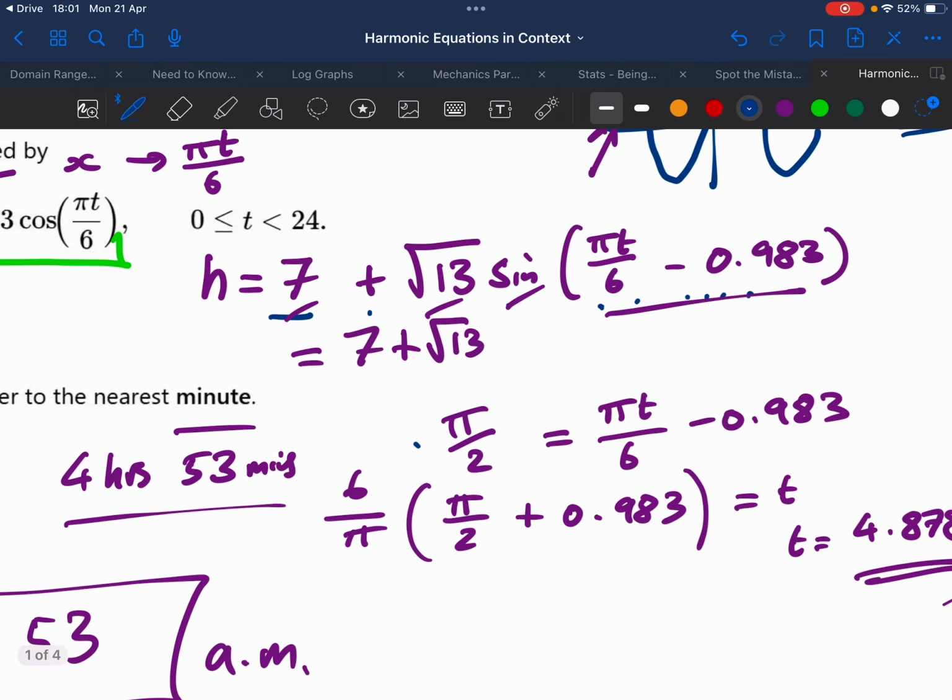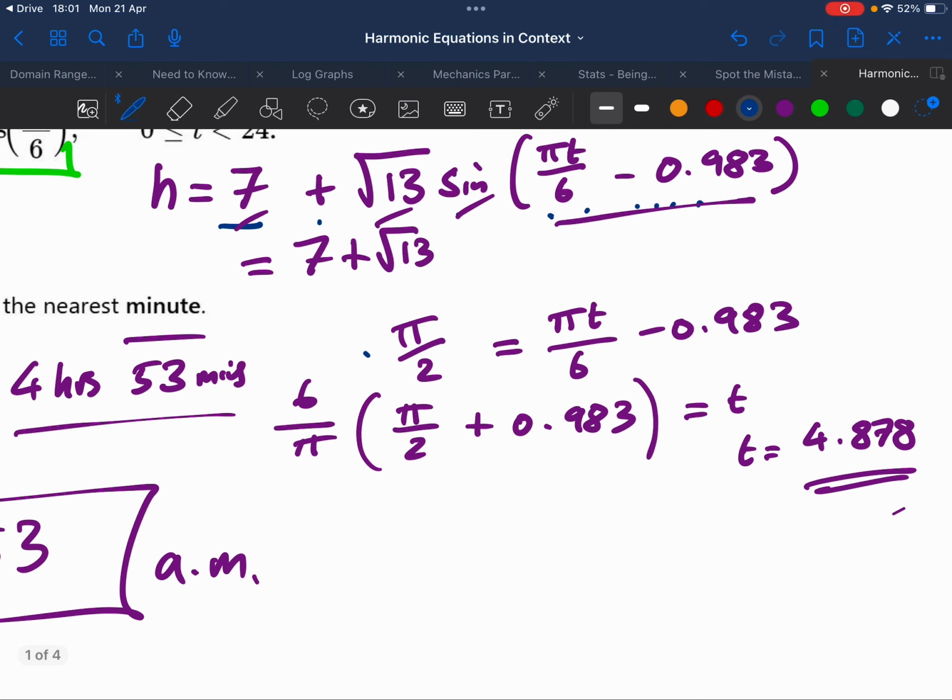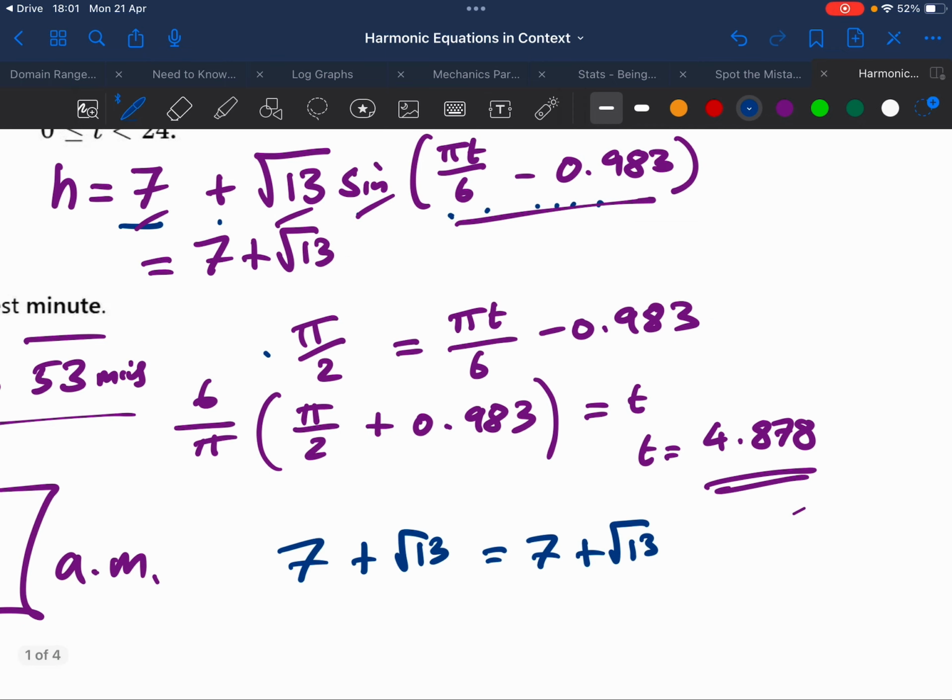If this is a new technique and you're thinking, I'm not really sure about this and where this comes from, all I would say to you is, if you try solving by doing this road, which sometimes people do, so that would be sine of pi t over 6 minus 0.983.